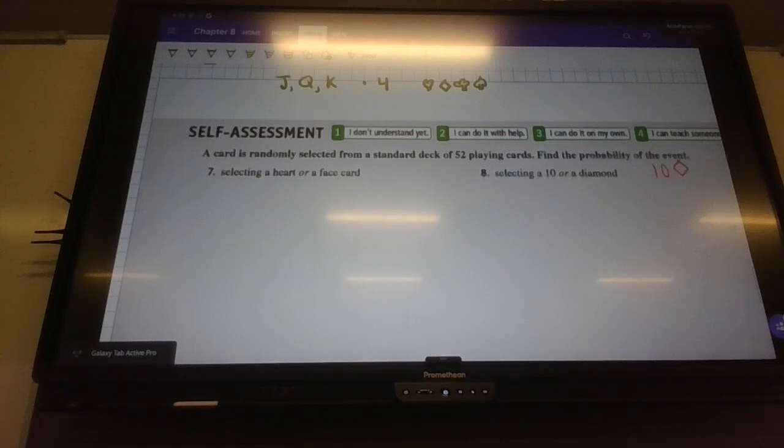And how many cards are both heart and a face card would be 4. 48. 42 with the ace. Yeah. I'll read it.